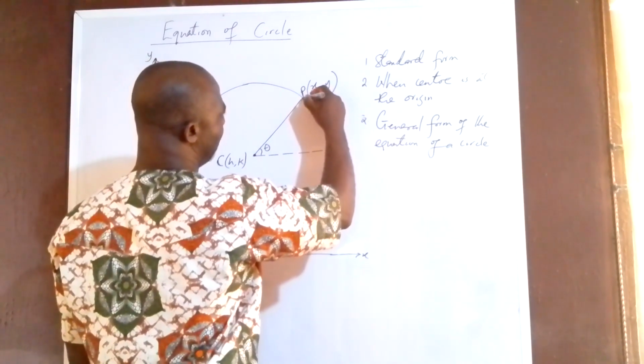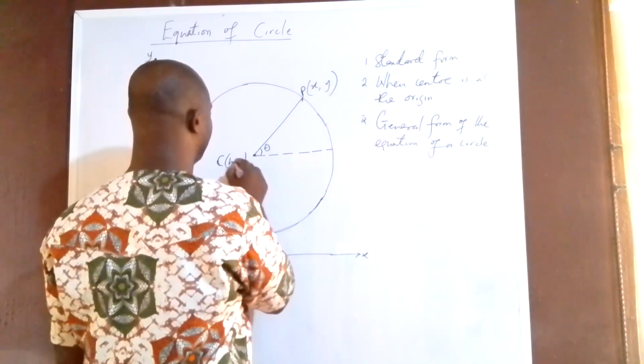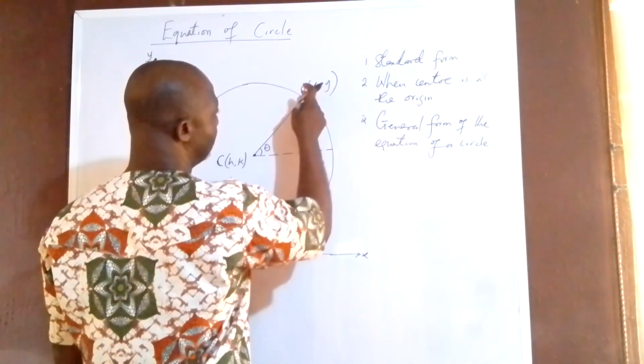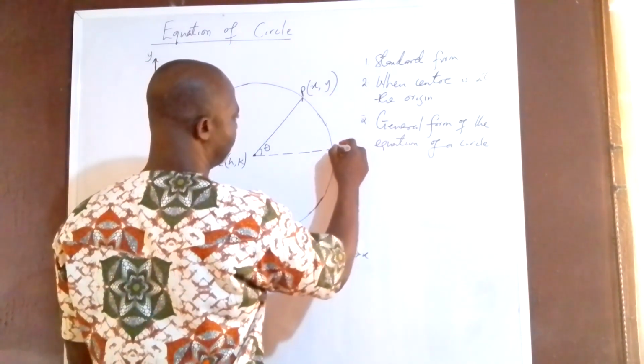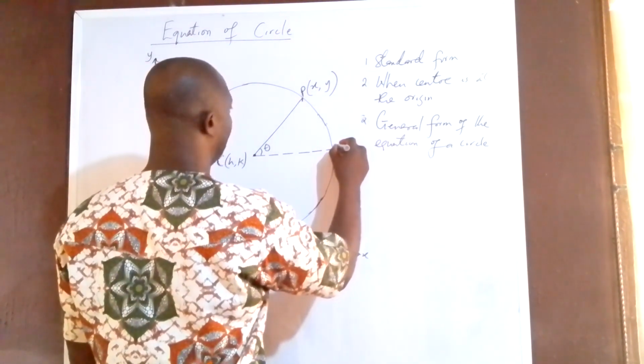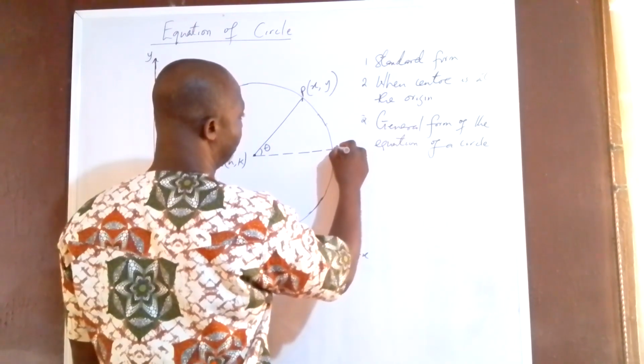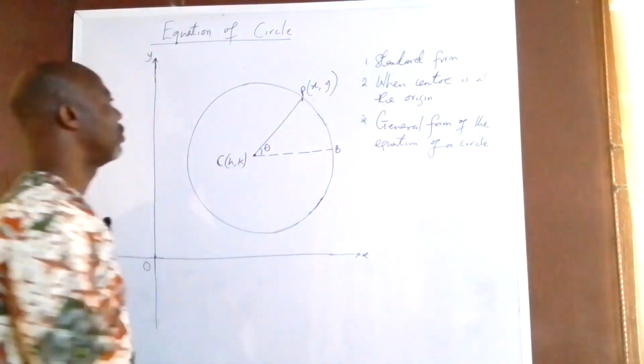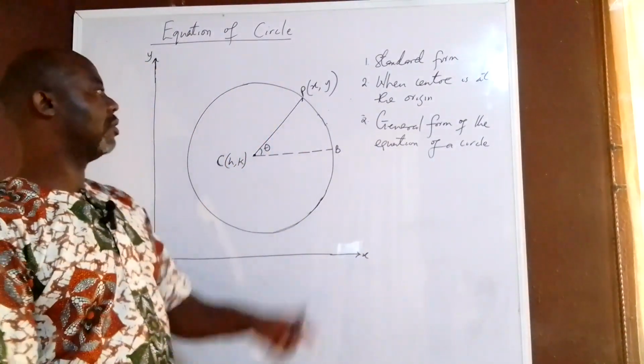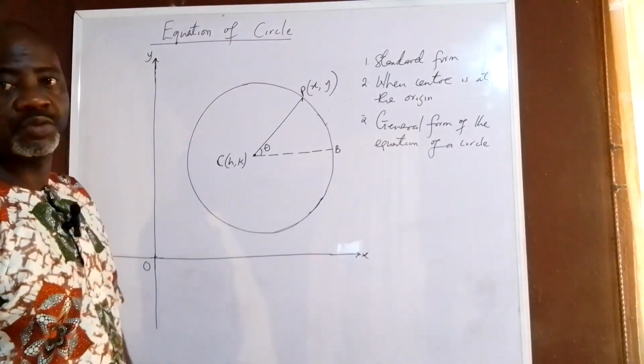Let me call this point C, and this point B. So we have PCB or PBC, whichever way you want to look at it.